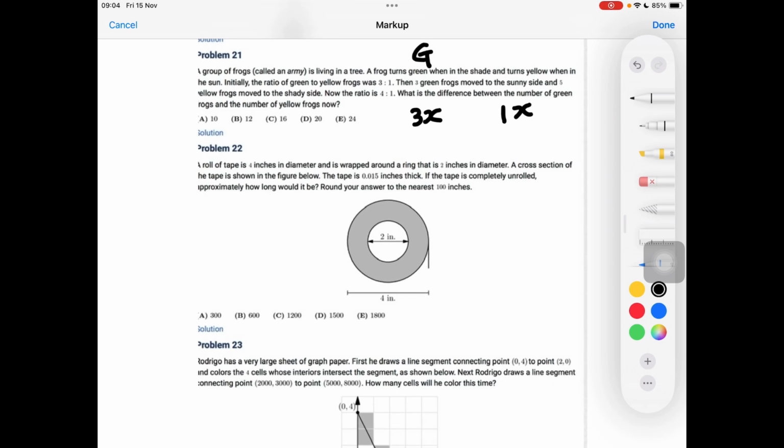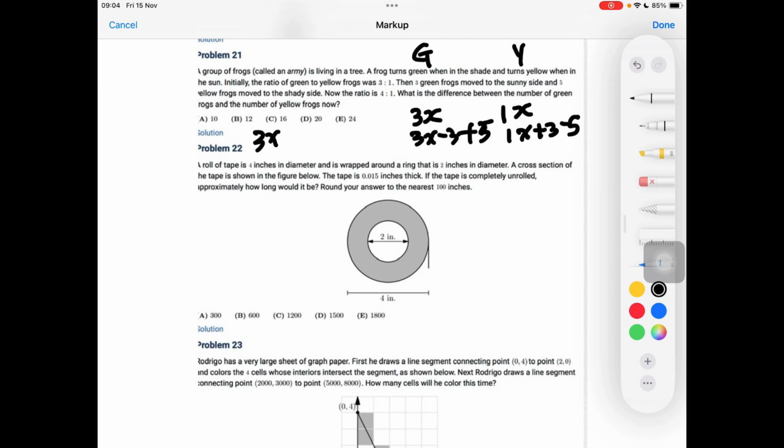So here this is green and yellow. So 3x minus 3, here 1x plus 3. And 5 yellow move to the shady side. And now the ratio is 4 to 1.